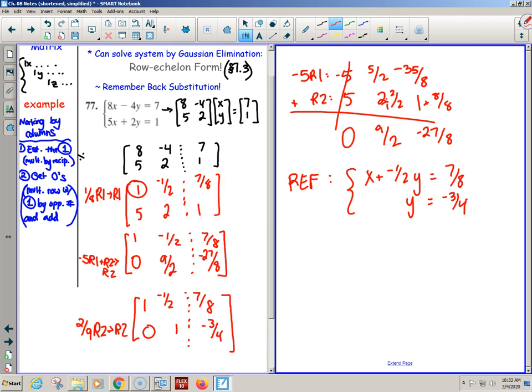I know one variable and I can back substitute and I'm done. So I could go ahead and say, hey, I know y. Y is negative 3/4 based on that 1 being in the y column. 1y is negative 3/4. I can plug that back in and I get x minus 1/2 times negative 3/4 is equal to 7/8. Ew, gross, except that's a 3/8. I can add it to be a 10/8, and x ends up equaling, mental math, 5/4.